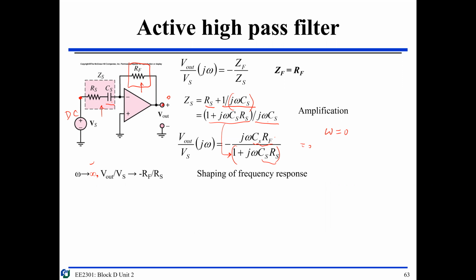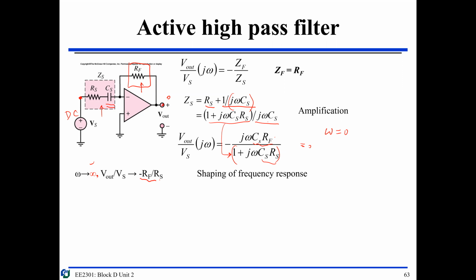But on the other hand, if your omega is very, very high, then the impedance of this guy is no longer infinity. For very high omega, it will go to a constant gain.